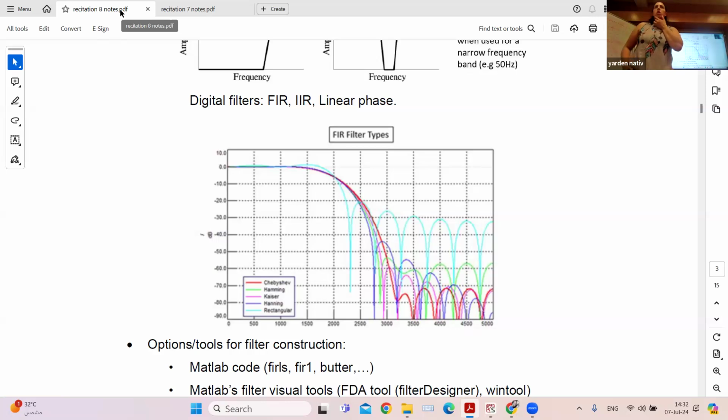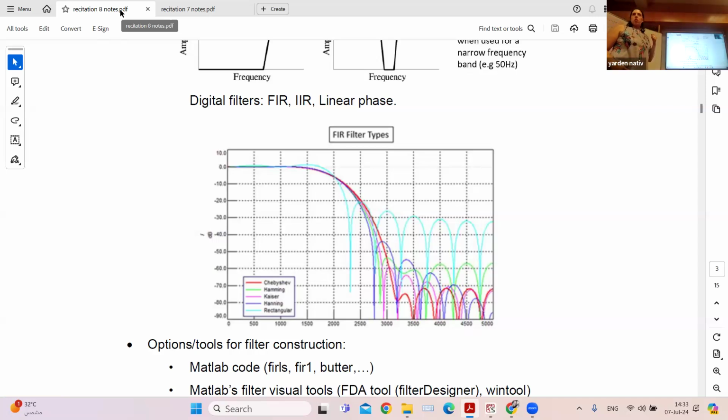Some of them you are going to choose yourself in the project. And each one of them has a different ripple pattern. And you choose this ripple pattern based on your spectrum analysis. Okay?